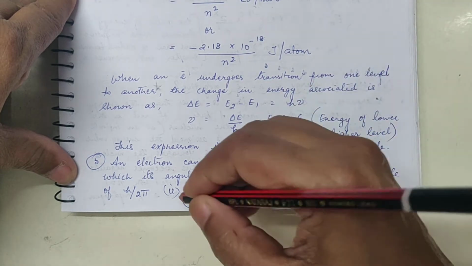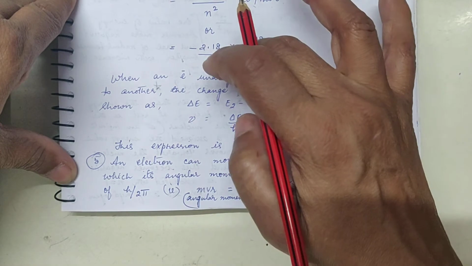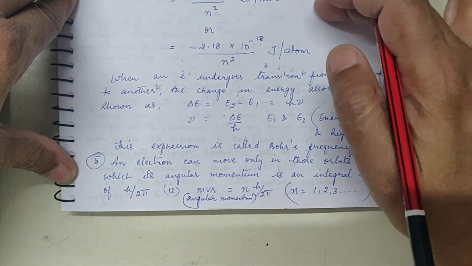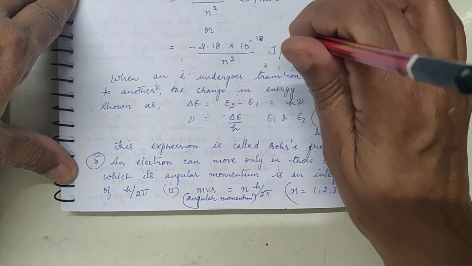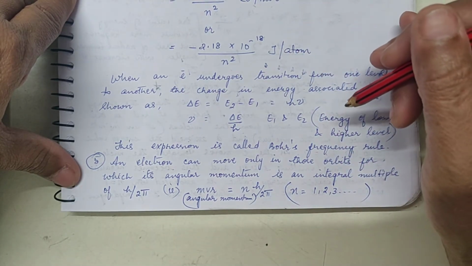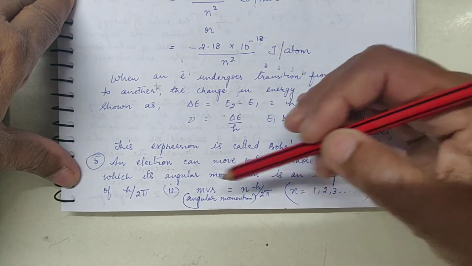That depends on its angular momentum. Angular momentum is nothing but the angle that it is subtending at the center, because you are assuming that all these things, they are circular. So what is the angle that is subtended by the movement of electron where it is moving around the nucleus? That is called as angular momentum.